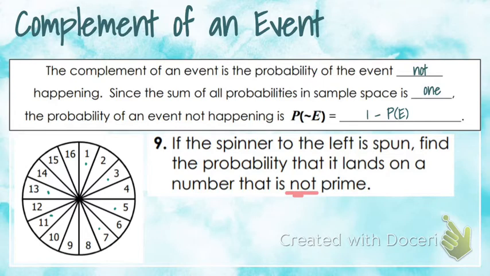So there are 1, 2, 3, 4, 5, 6 out of 16 that are prime numbers. So we're going to do 1 minus 6 out of 16. That leaves 10 out of 16. You can find that by doing 16 minus 6. And that reduces to 5 out of 8 chances that it will not be a prime number.